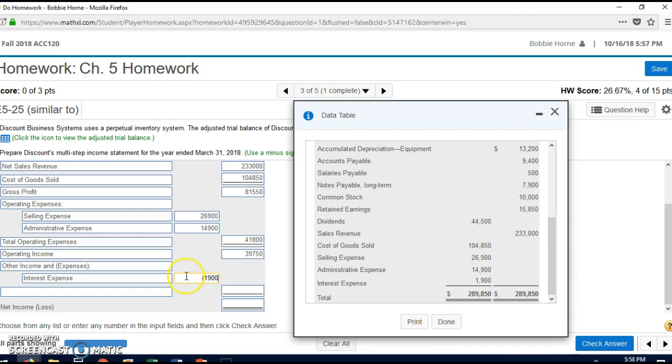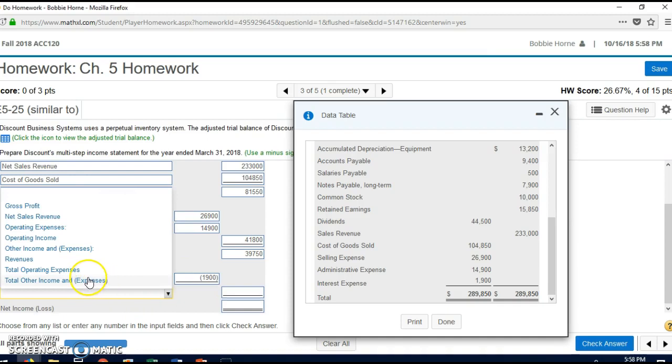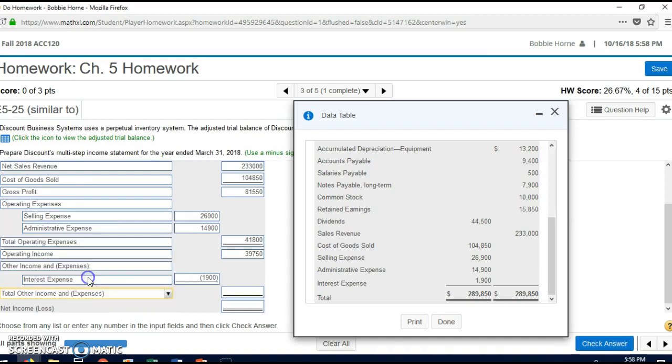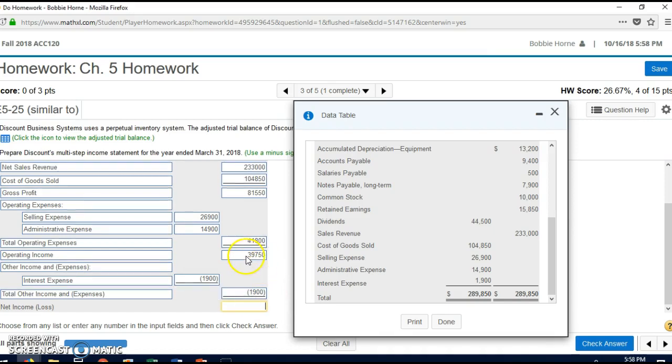So it's $1,900. So then we're going to get our total other income and expenses, which is just the $1,900. And now we're going to subtract operating income from the interest expense, and that should give us $37,850.